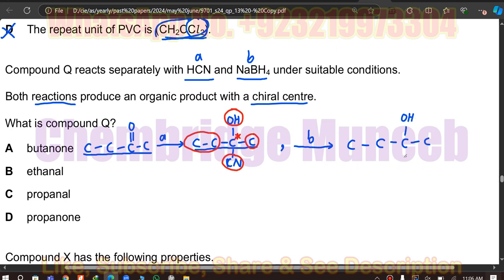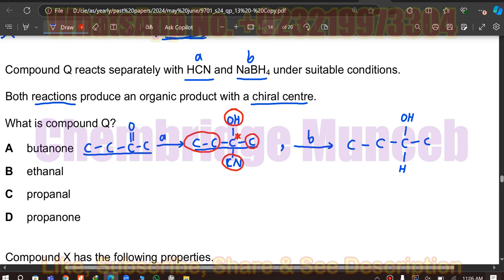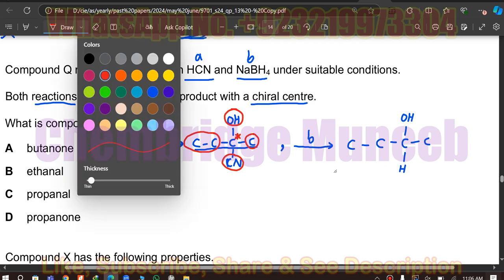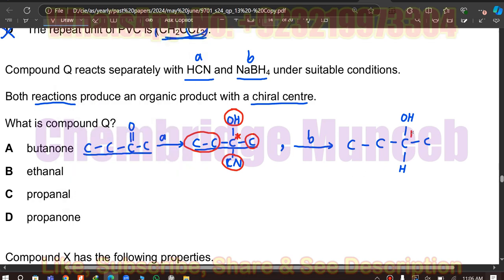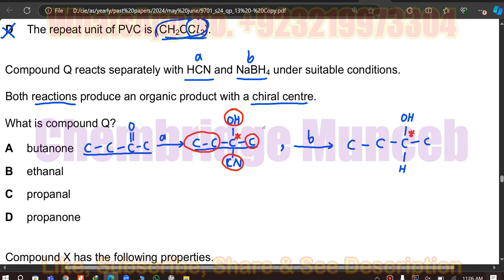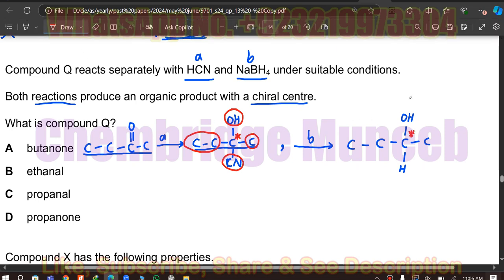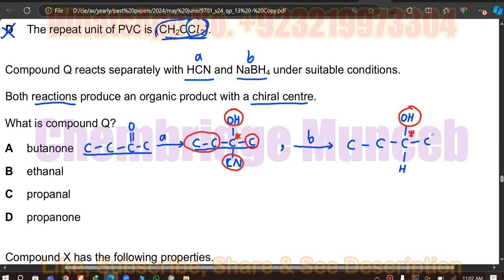Now this is a secondary alcohol, so the structure is like this one. Now we need to find the chiral center. The chiral center is present here because this is an alcohol group, this is a methyl group, this is hydrogen, and this whole is the ethyl group.